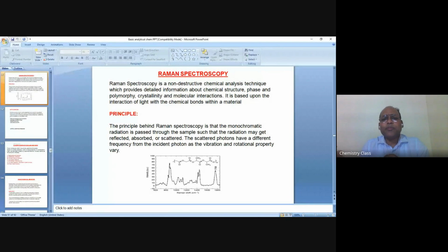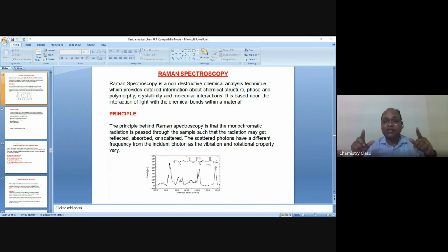Raman spectroscopy is a non-destructive chemical analysis technique which provides detailed information about chemical structure, phase and polymorphy, crystallinity, and molecular interaction. You see that this method is non-destructive, meaning nothing will be damaged. Whatever sample you use, nothing will be damaged.